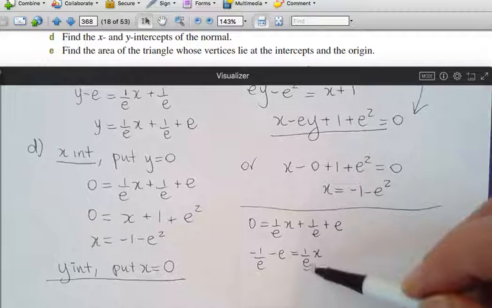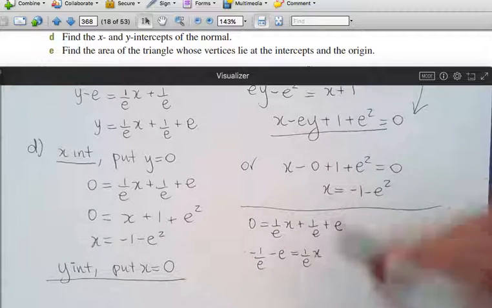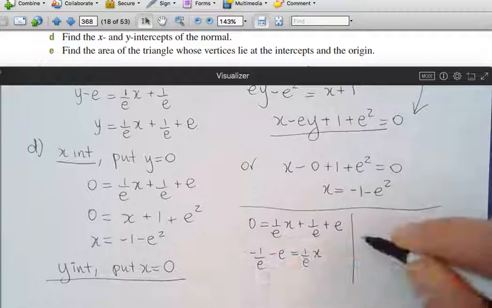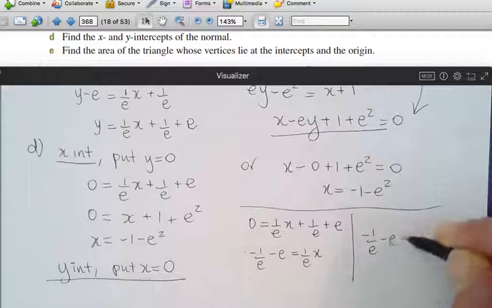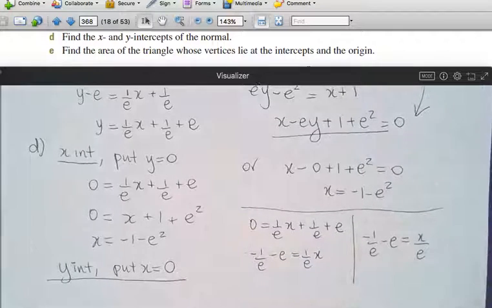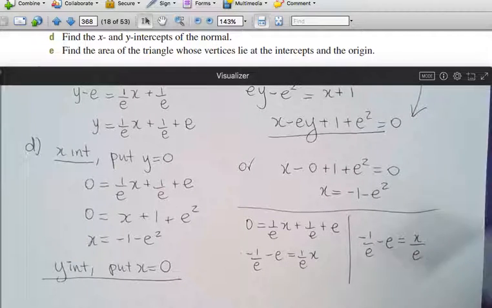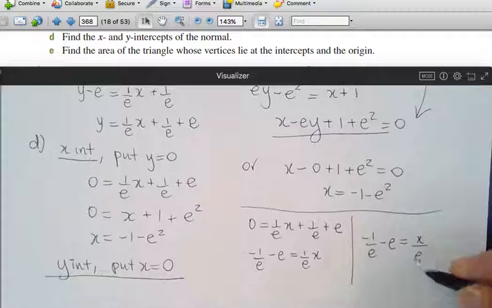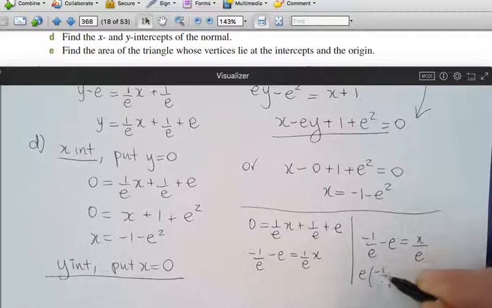But then you still need to multiply. From there, that's negative 1 on e minus e equals x over e. You okay with that? Then you have to multiply by e. So you still got to multiply by e.